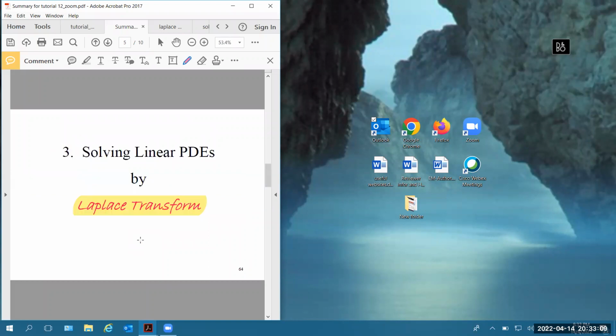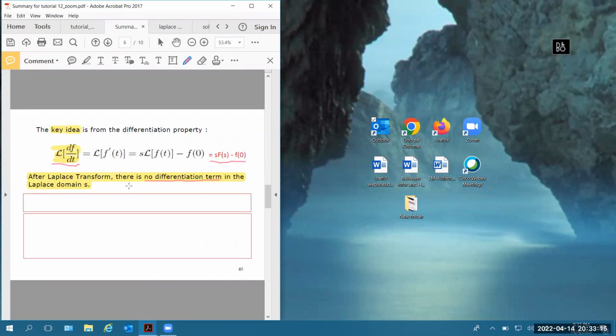So here it is: solving a linear PDE by Laplace transform. First we look at the key idea, which comes from this property.